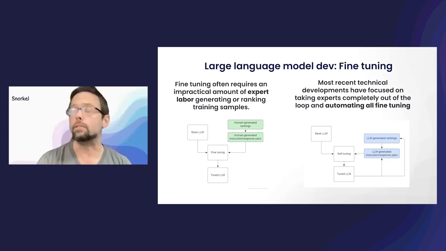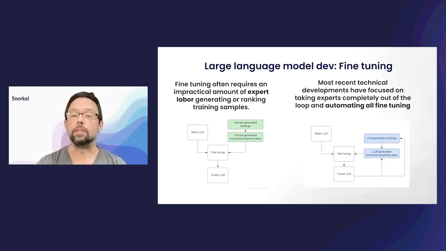So a lot of the technical developments that I've seen over the past 6 to 9 months have been focused on solving scalability issues by automating as much of this process as possible, and not using humans, but using existing large language models to actually generate those responses or ranking. So kind of taking the human out of the loop so people don't have to devote all of these resources to the fine-tuning process.